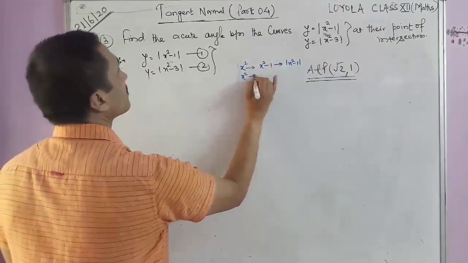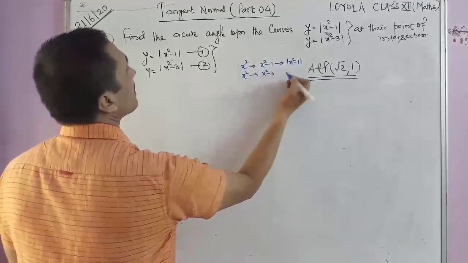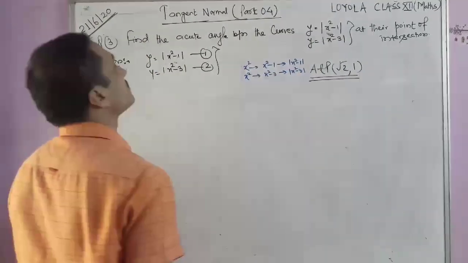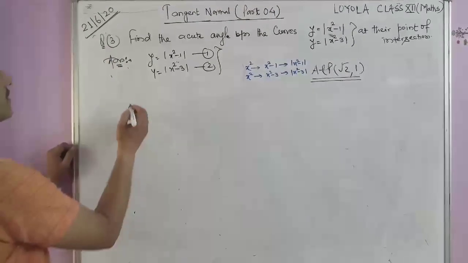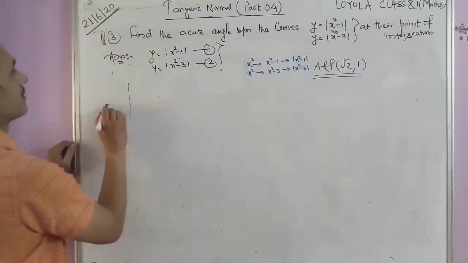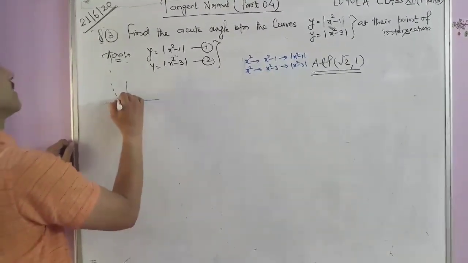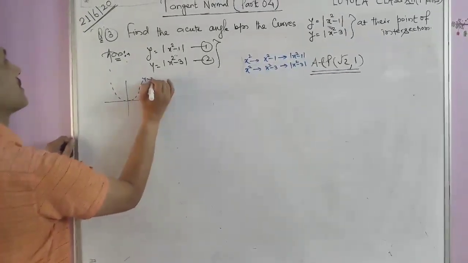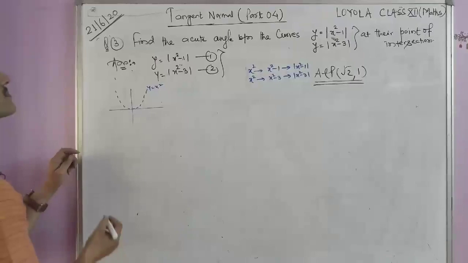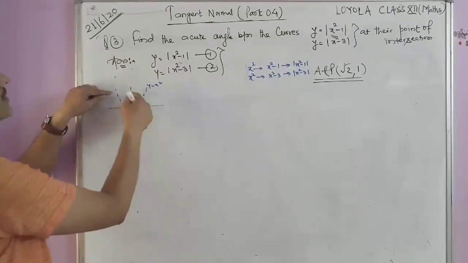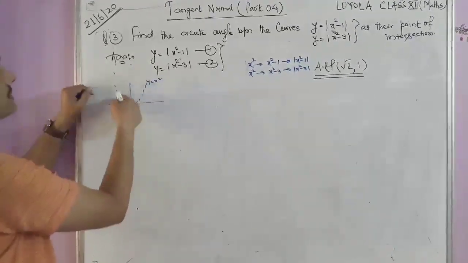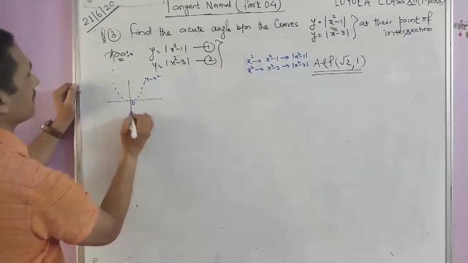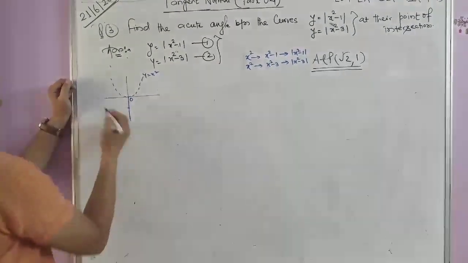Similarly, x² shifted to x² − 3 and then modulus of x² − 3. Here this is y equal to x². We shift this graph through one unit vertically.